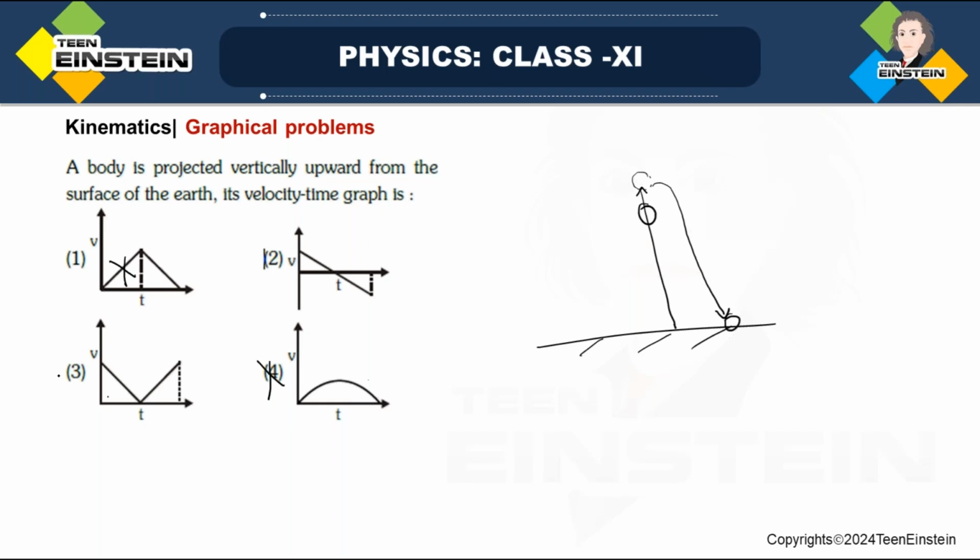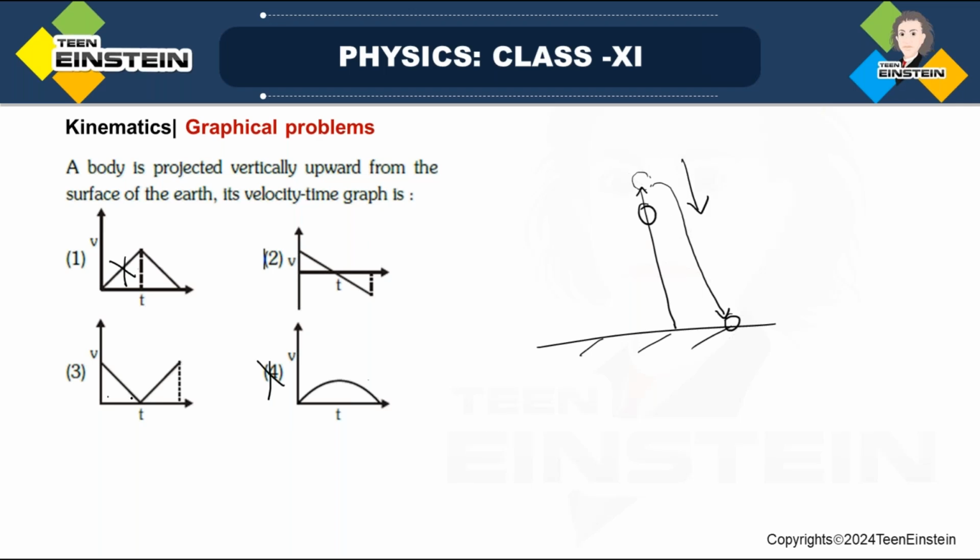So this is not possible because it is going to be positive. In between it has uniform acceleration. So this is representing that the velocity will become 0 and then it will reverse actually.